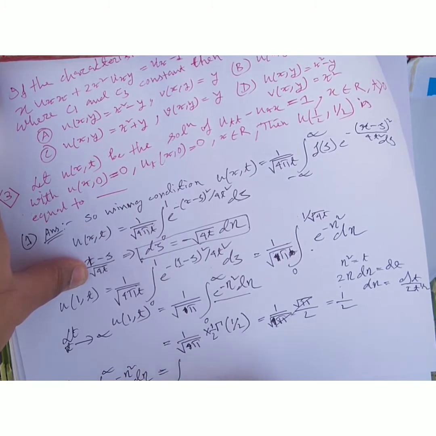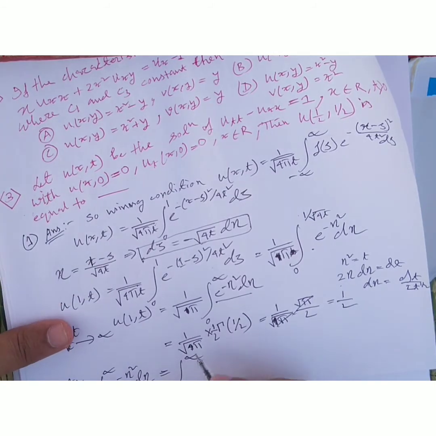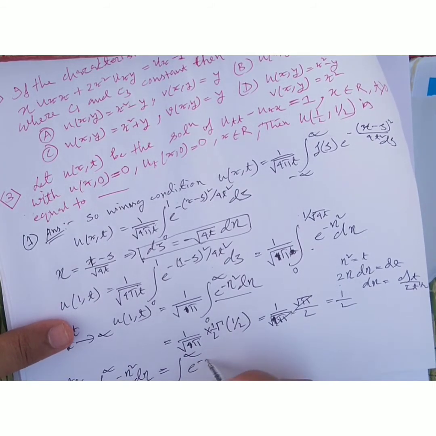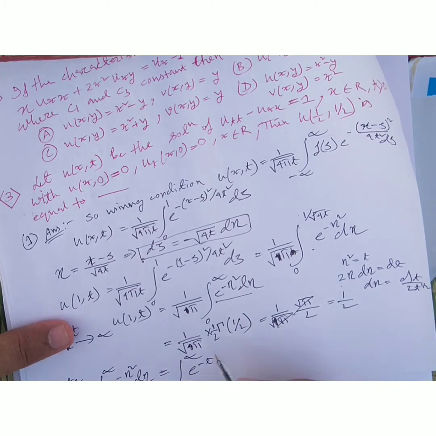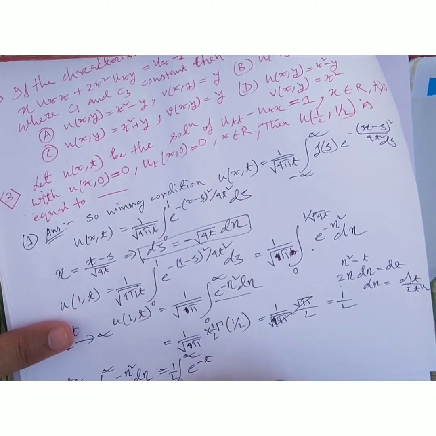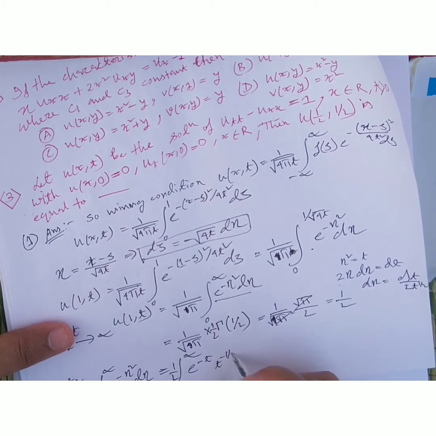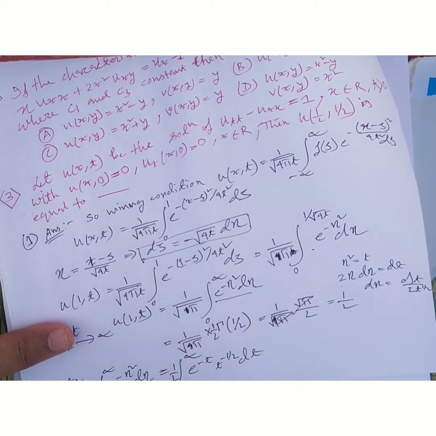It is equal to 0 to infinity e to the power minus t, where eta square means t, and d eta means half into t to the power minus half dt. And what is the gamma function?